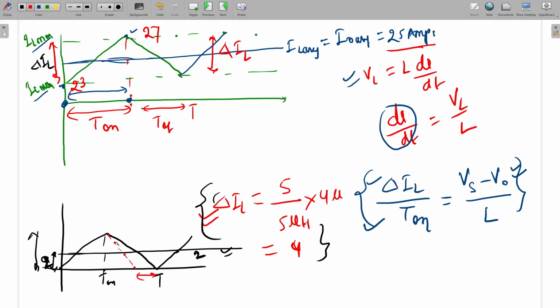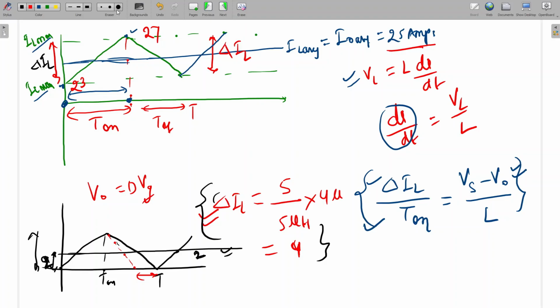That will be a different kind of analysis, the discontinuous conduction analysis. Means this time period will reduce? Yes, and the normal formula, VO equal to D VG that we are applying, will not work in case of discontinuous conduction. It is only valid for continuous conduction.